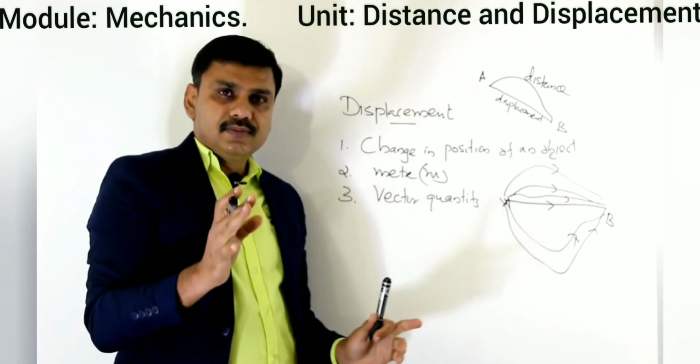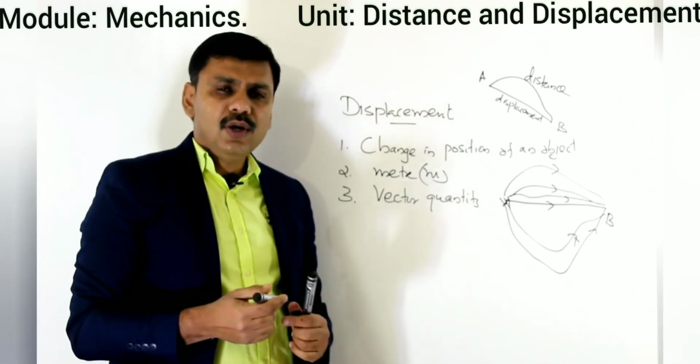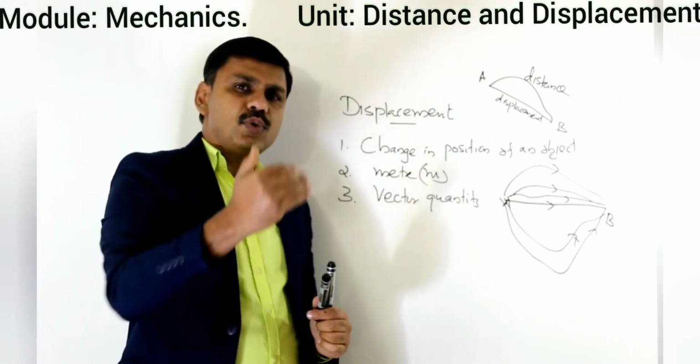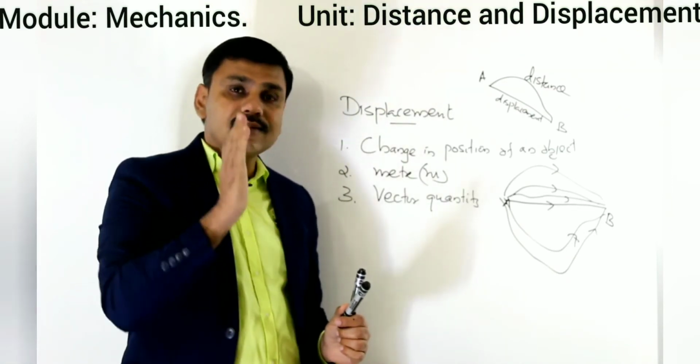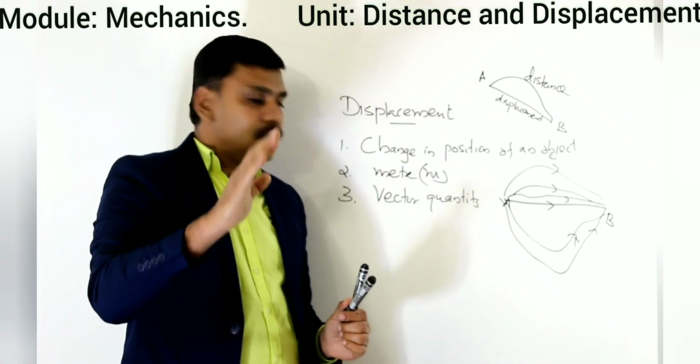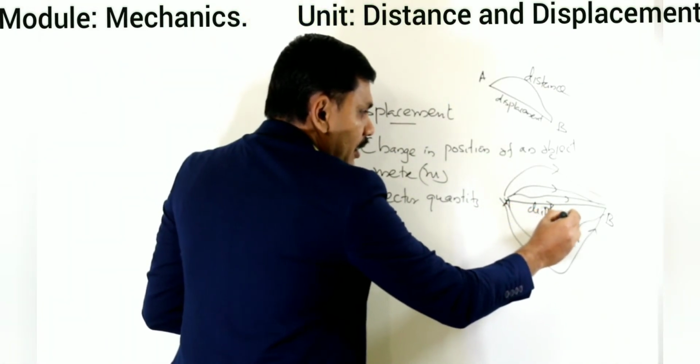All other paths are distances. From one place to another, there will be only one displacement in a straight path. So this is the displacement, and all others are distances.